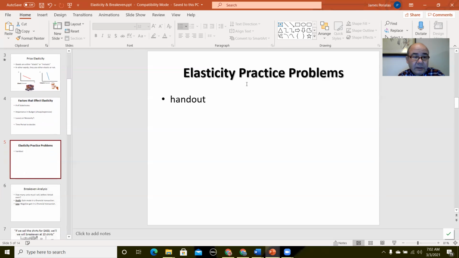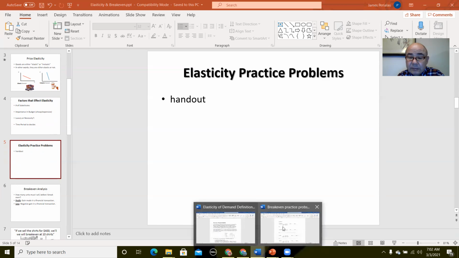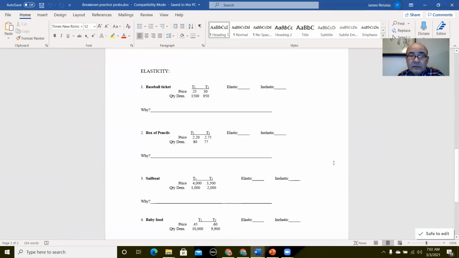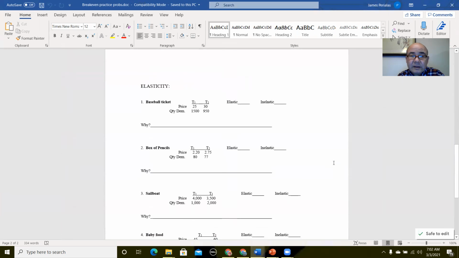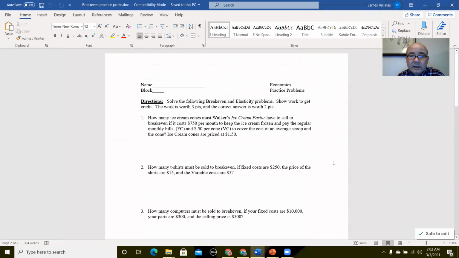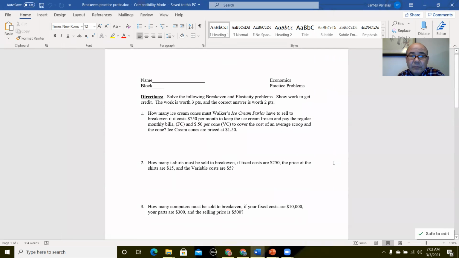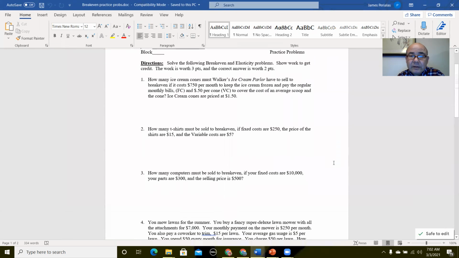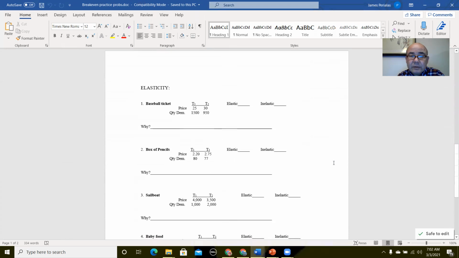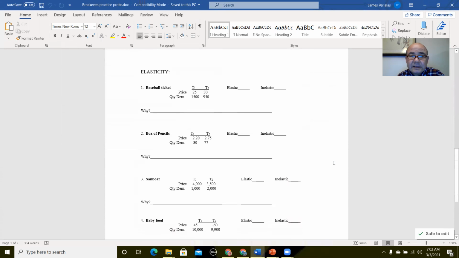So let's go ahead and grab the other handout. This is the handout I want you to grab right now. It looks like this, page 2. Flip it to the second page. It's got break even practice problems. We're going to do break even later on this week, but we're going to go to elasticity. Now there's some mathematics here, some numbers.